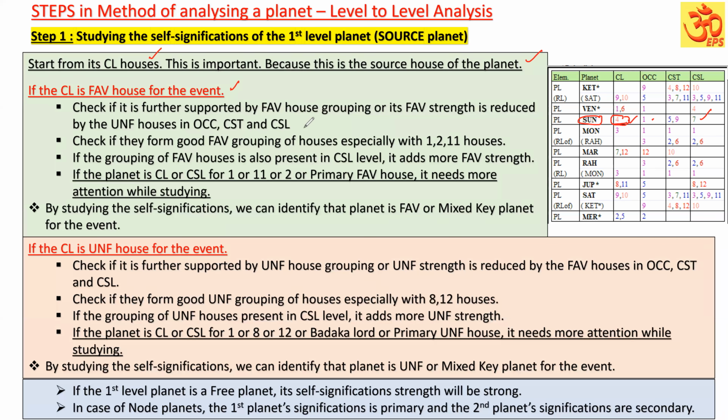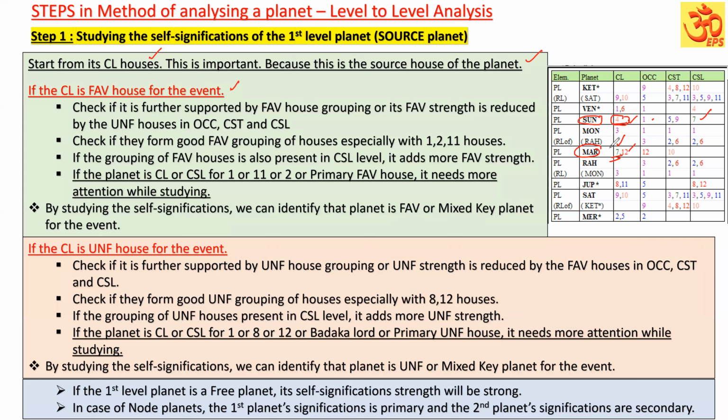It means, for example, if a planet in CL has a favorable house for an event, suppose we are talking about an event like marriage, the 7th house is the favorable primary house. Take Mars. Mars is 7th Lord, the cuspal Lord for the primary house of marriage. But that planet is also cuspal Lord for the 12th house.